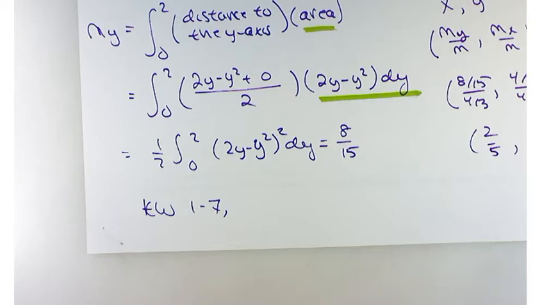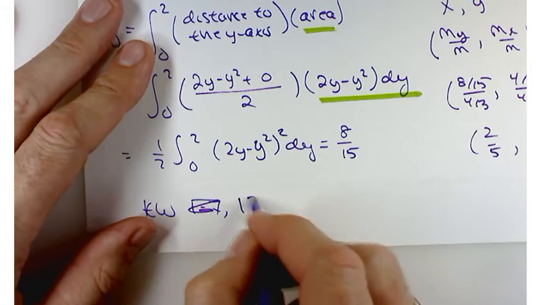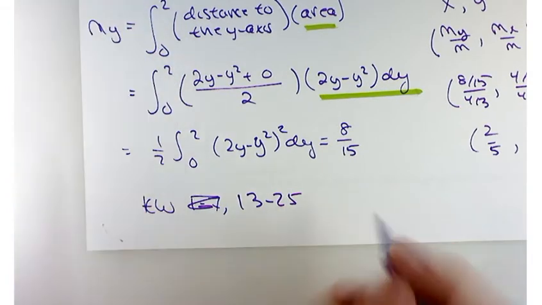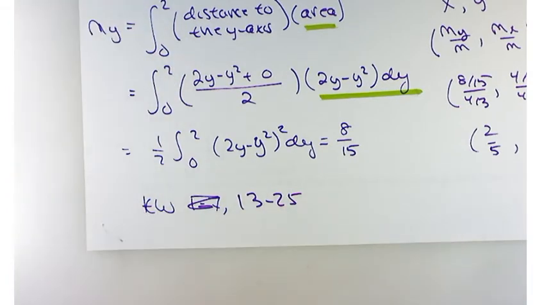Let me just give you 13 through 25. So that's what? 1, 2, 3, 4, 5, 6, 7, 8. 8 problems. And I promise not to put any more than 8 problems on the exam like this, okay?